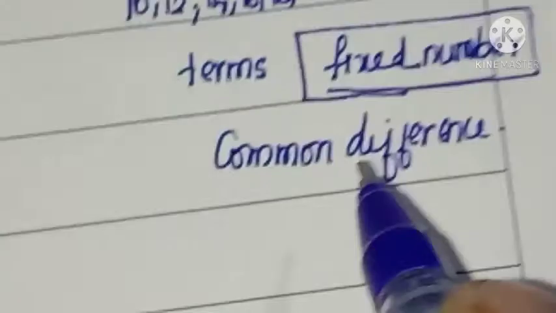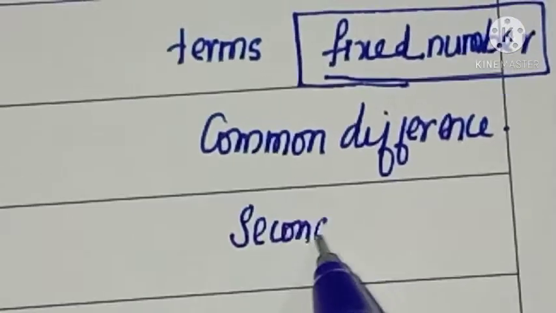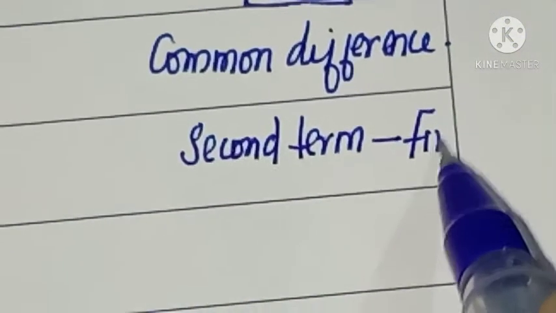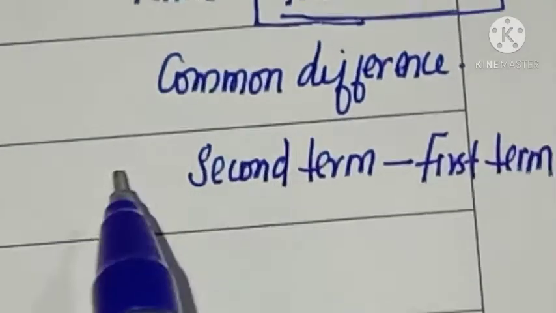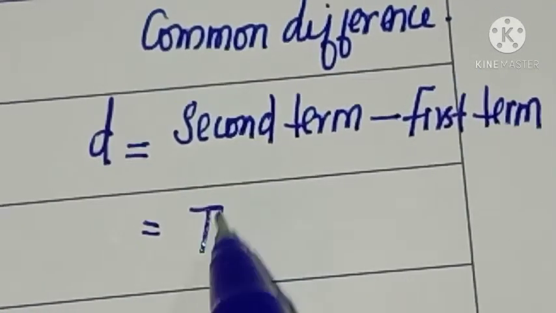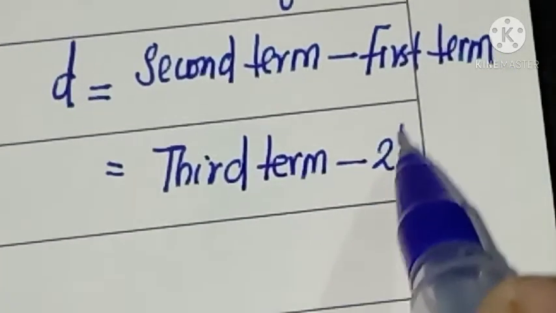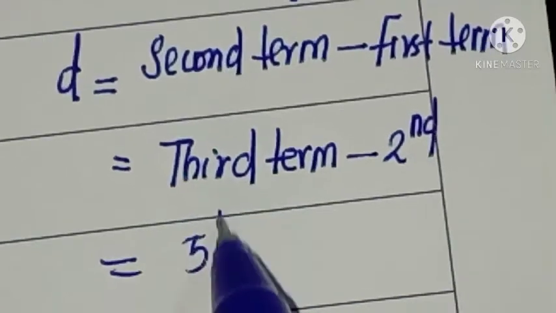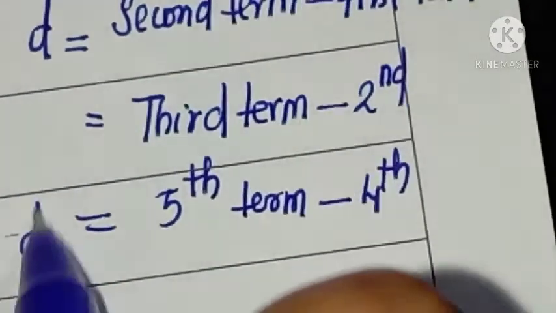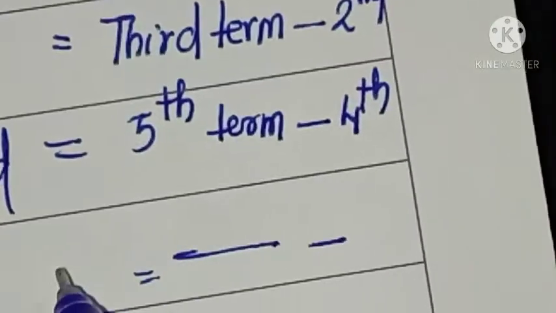The common difference is obtained by taking the second term and subtracting its previous term, the first term. We get the common difference, denoted by the letter d. If we take the third term, the common difference is the third term minus the second term. If we take the fifth term, then the fifth term minus the fourth term gives the common difference. So if we take any term and subtract its previous term, we get the common difference.